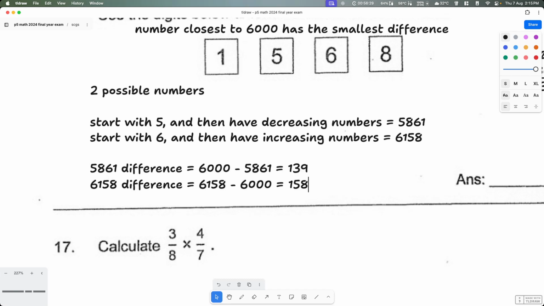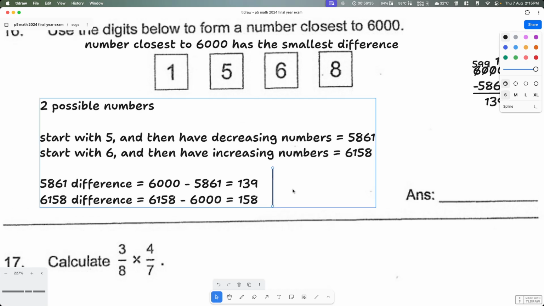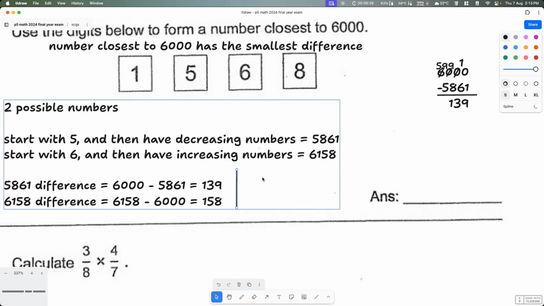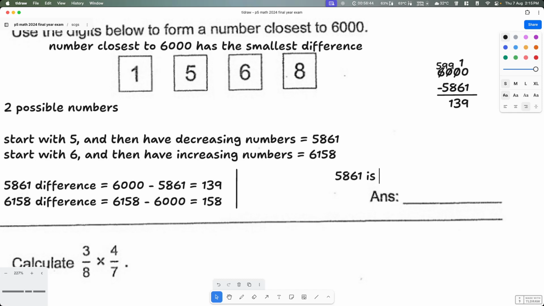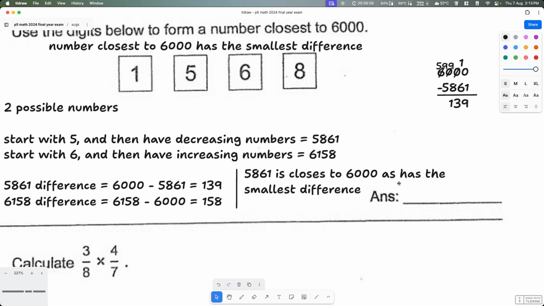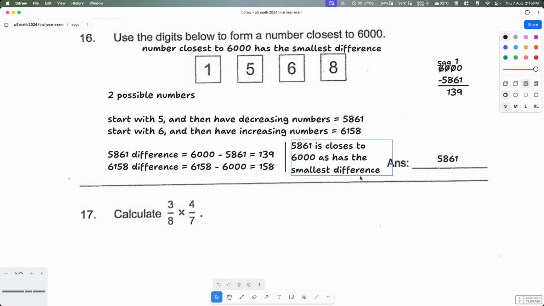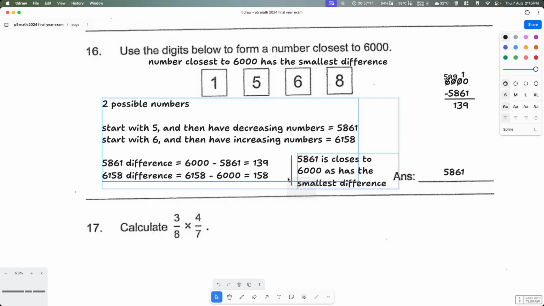So that means the closest number is 5861. 5861 is closest to 6,000 as it has the smallest difference. So that's the answer: 5861 has the smallest difference. Let's move on to the next question.